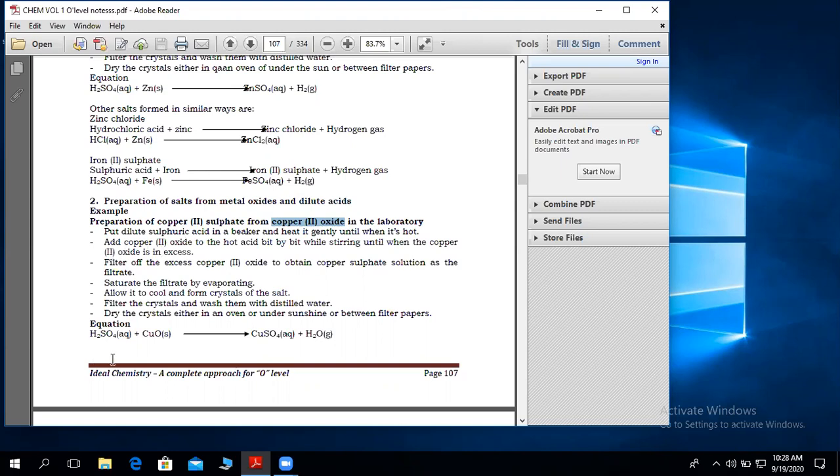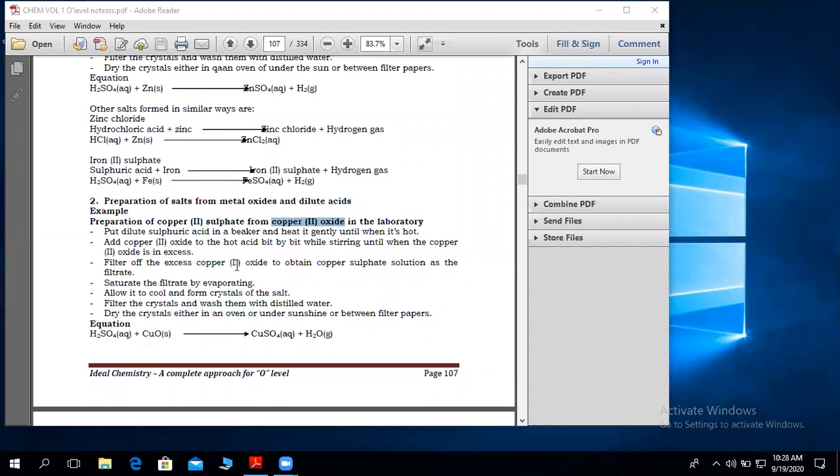So what do you do to the excess copper 2 oxide? Filter it off using a filter funnel and a filter paper. And when you filter it off, you remain with a solution.